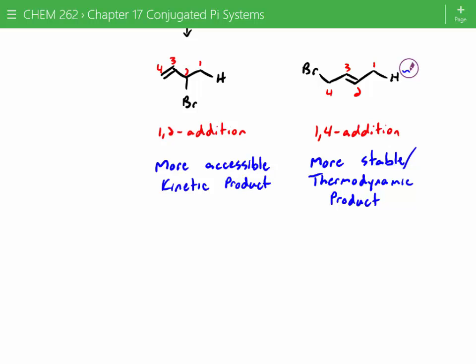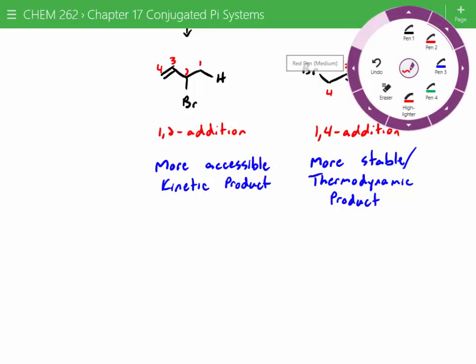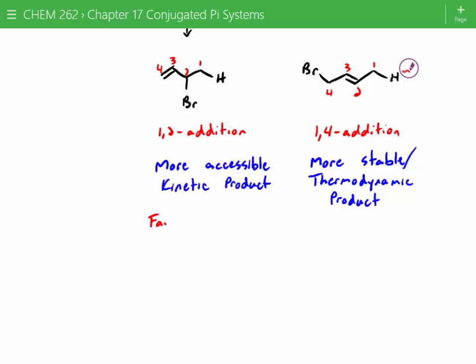So if we're trying to get 1,2 addition, do we need high heat or low heat? Exactly. It's favored under lower temperatures. At lower temps. And then if we look at our 1,4 addition product, if we want to try to favor its formation, we just crank the heat up, right? So if we're running this in our variac, we just turn the dial up.